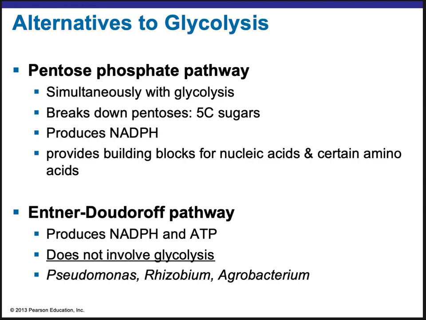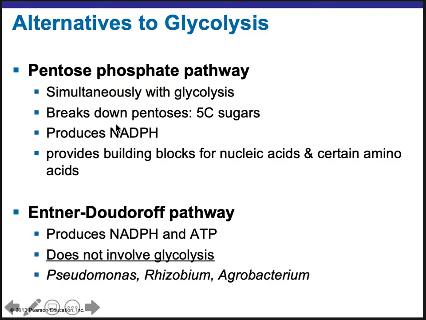So you have ribose and you have deoxyribose, and those are pentose sugars, 5-carbon long sugars. And so we also take in a lot of sugars that are different from glucose, right? Different types of sugars. And so this allows us to break down some of those different types of sugars.